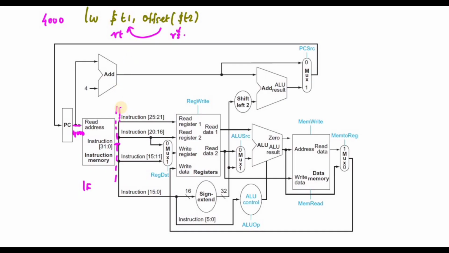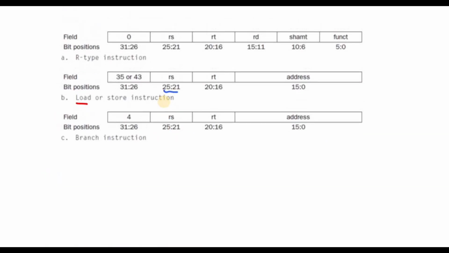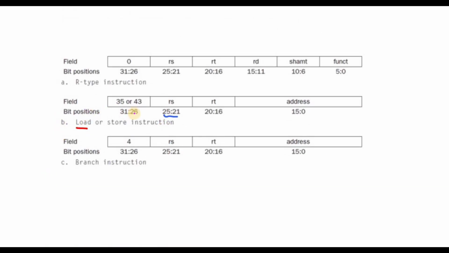The instruction is 32 bits. Bits 31 to 26 represent the opcode, which is load word. RS represents the source value and RT represents the destination.